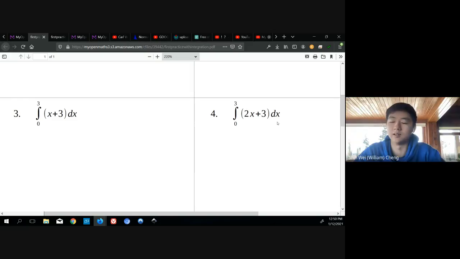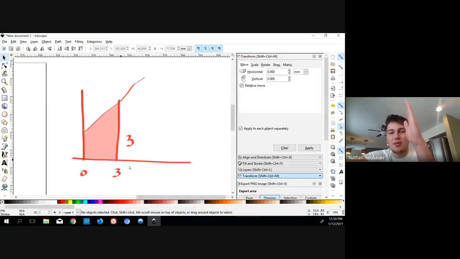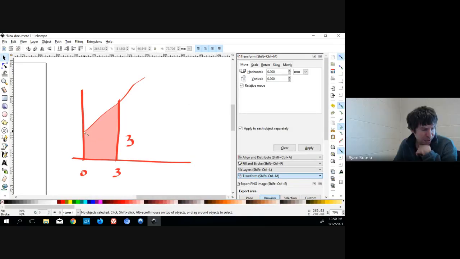No, 18 is right. So it's 9 on the bottom, and then the triangle is 9, so it's 18. I tried putting it in my head and I did not get that. But I'm not using a graph either. I thought it was gonna be more up. So this had a 3 by 3 underneath it.